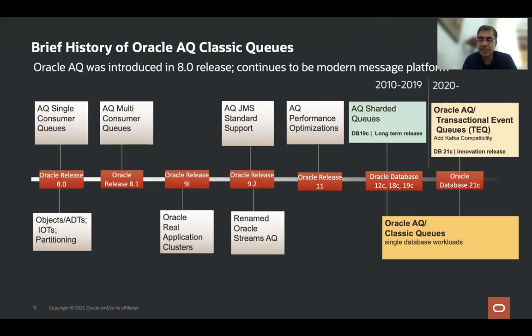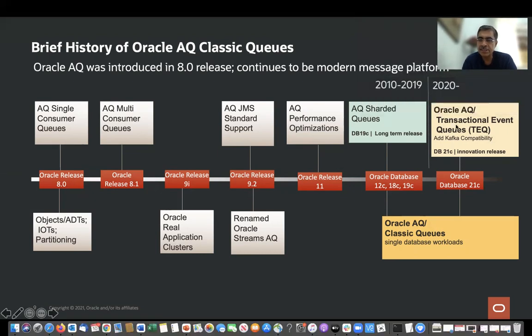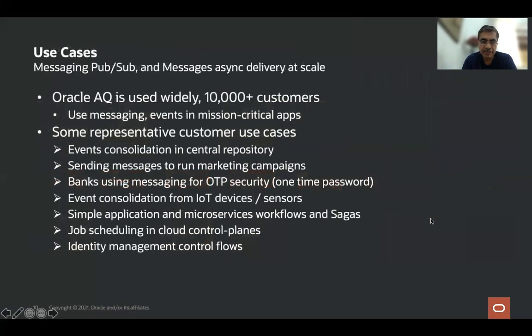So this whole event mesh architecture is very important to send events and messages to microservices when they need them, by routing them, by making them secure, by making them highly performant, right? So that's the area of Oracle Transactional Event Queues. And Oracle AQ classic serves single database workloads, and they continue to evolve. They continue to be the workhorse for creating workflows, and we'll see some examples in a couple of slides.